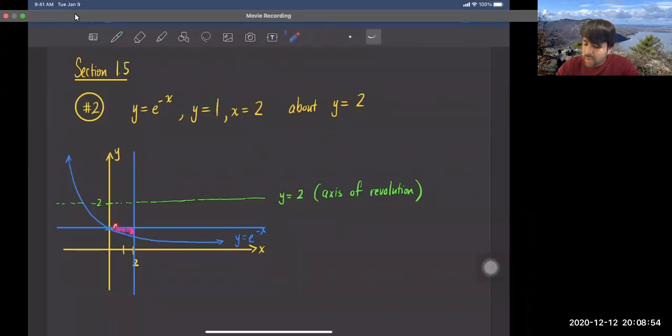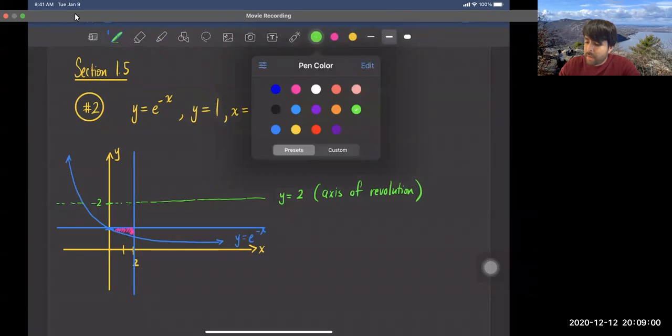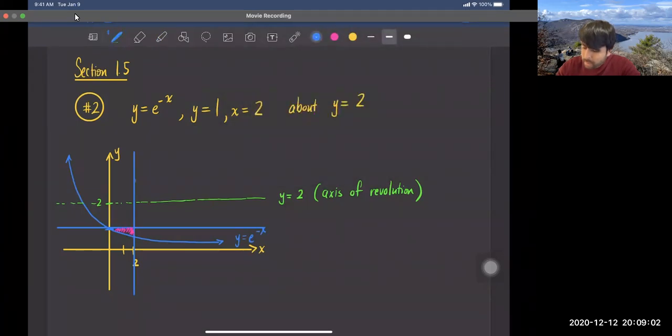I'm going to revolve this region around this axis. So then what am I going to form? Maybe I should draw it with this. I'm going to form this kind of shape here. Something like this, aren't I?